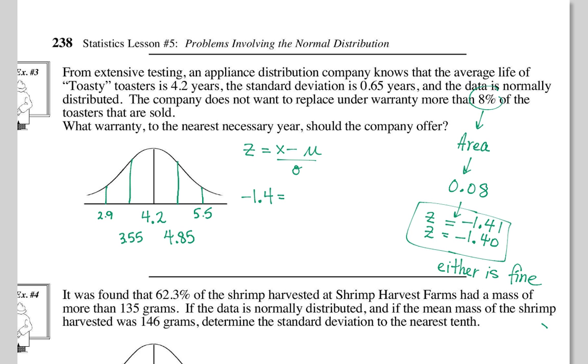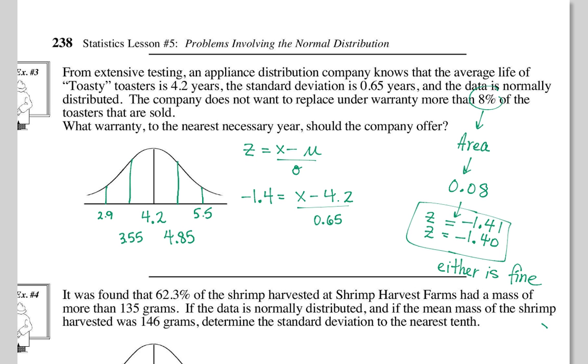We're trying to find out how many years it's going to last. This is where they get challenging, because not only do you have to perform algebra, you have to work backwards on the chart.